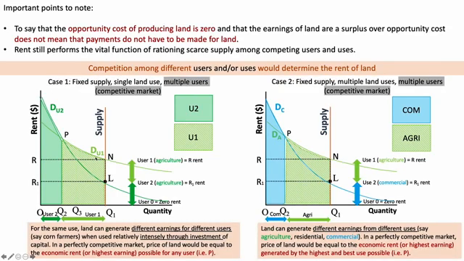But if there are multiple users who are using land for the same purpose as du1 and are generating the same earning as du1, then they will be competing against each other. So for the same use, there are multiple users and they will be competing. And this is a real market scenario where the competition is perfect, and therefore each will try to outbid the other by consuming the surplus profit or earning.